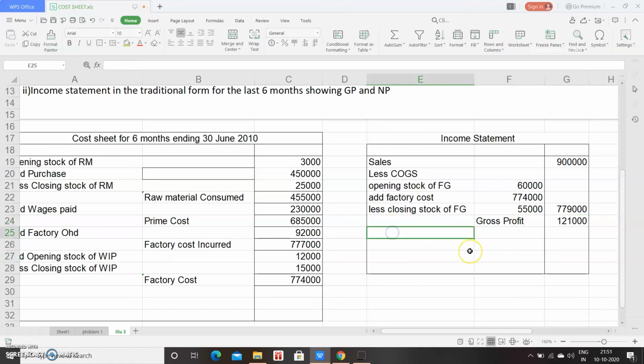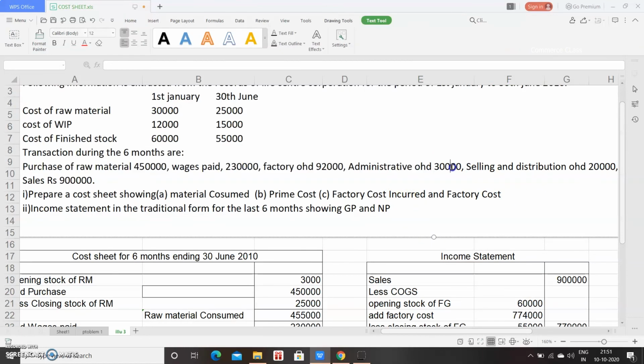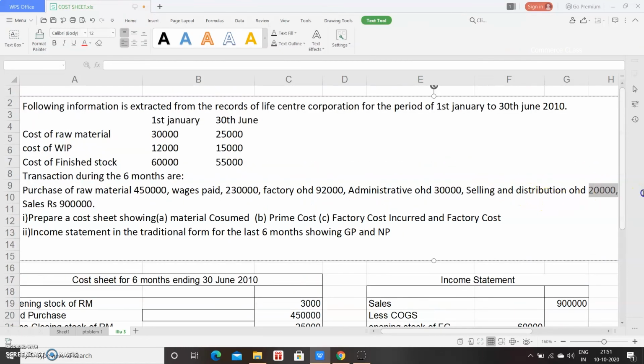Now from gross profit we will deduct all the indirect expenses and get the net profit. What are indirect expenses? We have just two. One is administrative, another one is selling. Administrative is 30,000 here, and selling is 20,000.